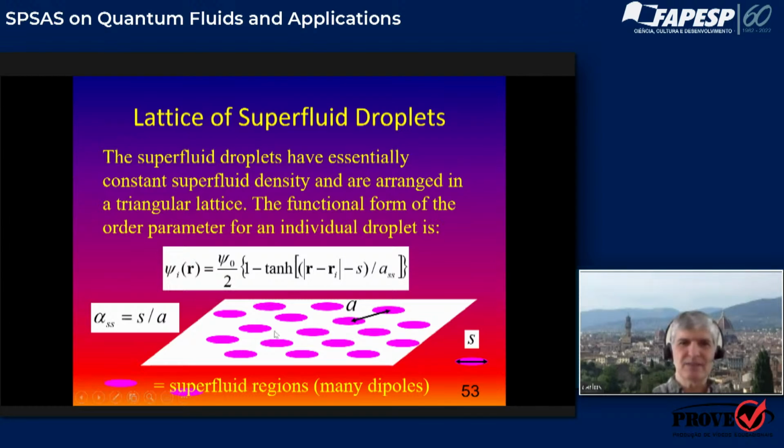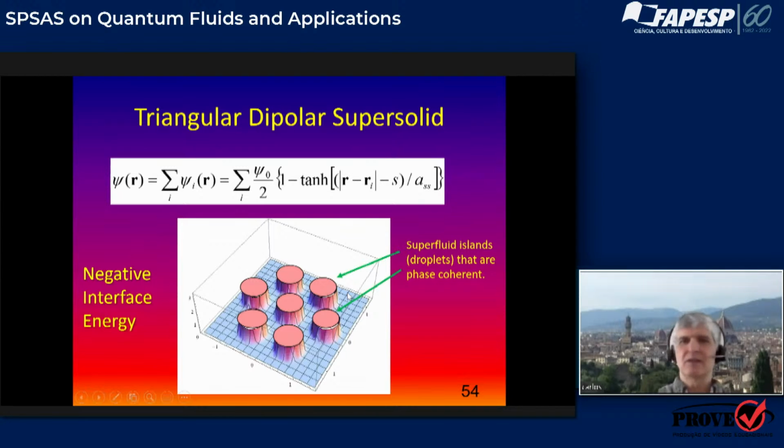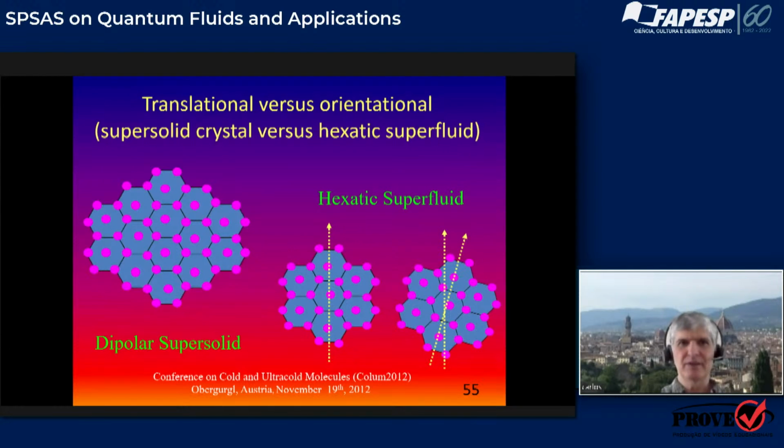You have droplets of superfluid, and everywhere else the superfluid regions are severely diminished. Using this variational wave function, which gives you a profile in a lattice where Ri is the position of each lattice site, which is hexagonal, these islands would have to have some phase coherence built in. And the question is, is this kind of solution stable anywhere?